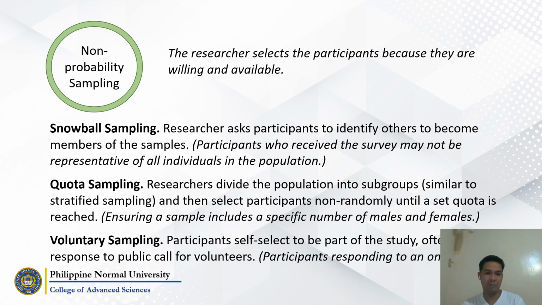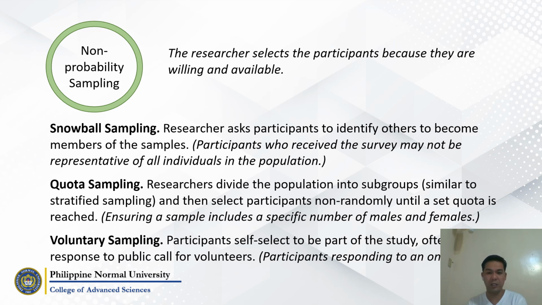Also, before I list it, we also have the voluntary sampling. When we talk about voluntary sampling, participants self-select to be part of the study, often in response to a public call for volunteers. So this one is really voluntary, and the loophole of this one is that sometimes you just have too few participants for a certain study.